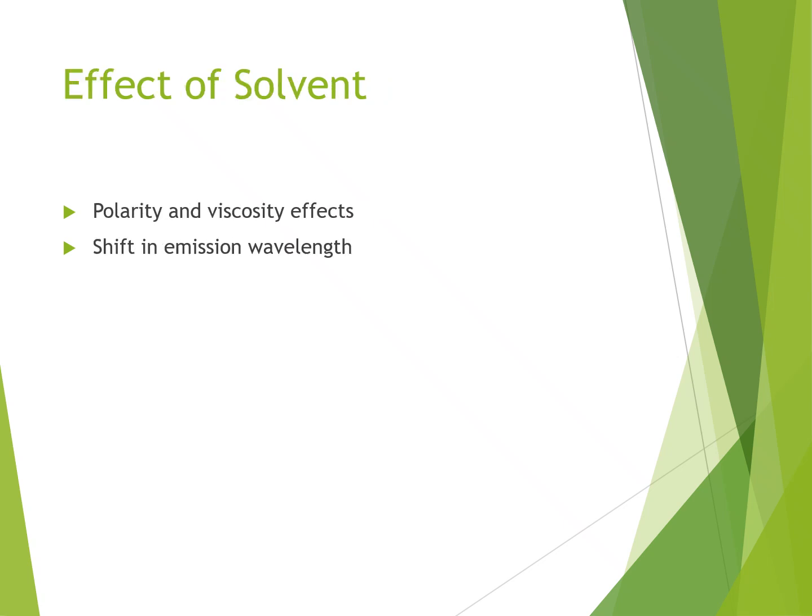Effect of solvent. Solvent polarity and viscosity affect fluorescence intensity and wavelength. Polarity and viscosity are very important while selecting the solvent, as they can cause shifts in emission wavelength.